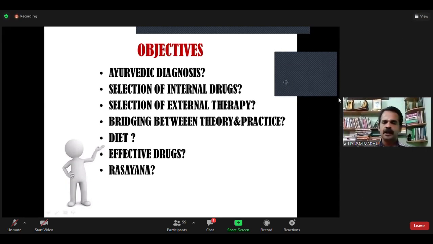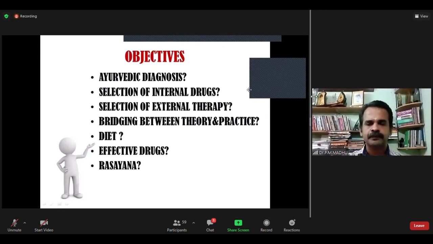These are the prime areas that we are concentrating on.